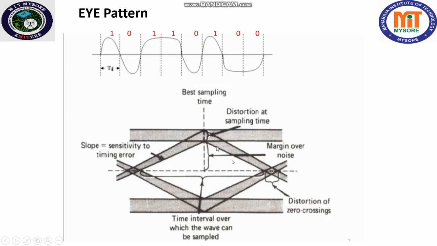As illustrated in the figure, ISI will be reduced if the opening of the eye, or the height of the eye, is more. As a consequence, the system is more sensitive to synchronization error and exhibits a smaller margin against additive noise. That is when the eye is small.